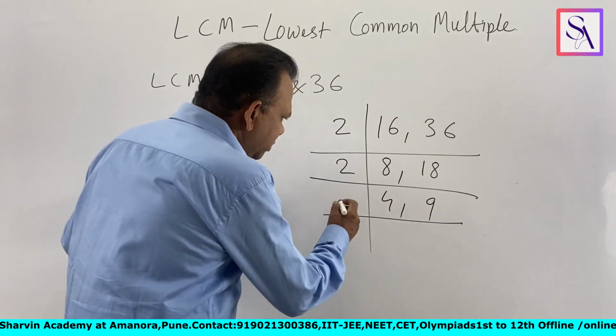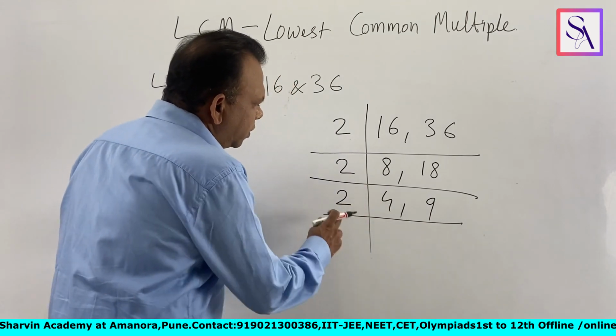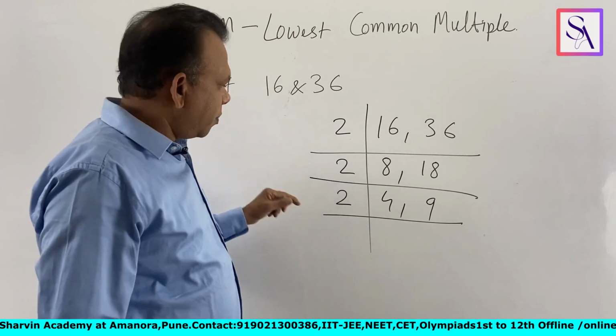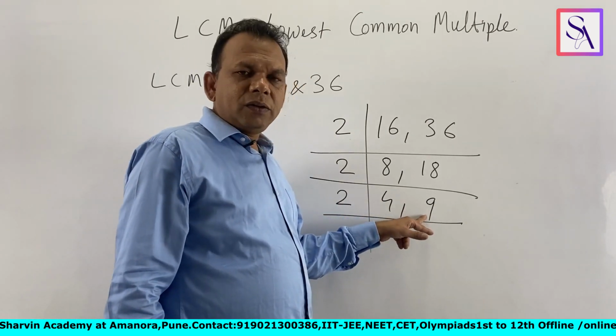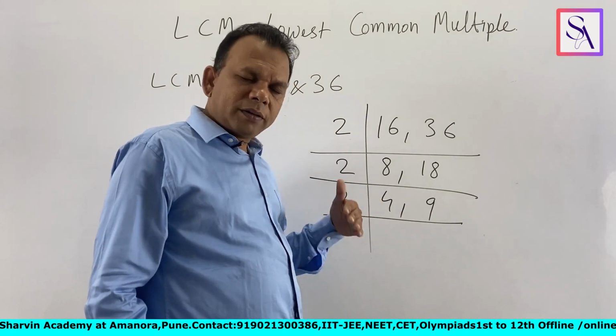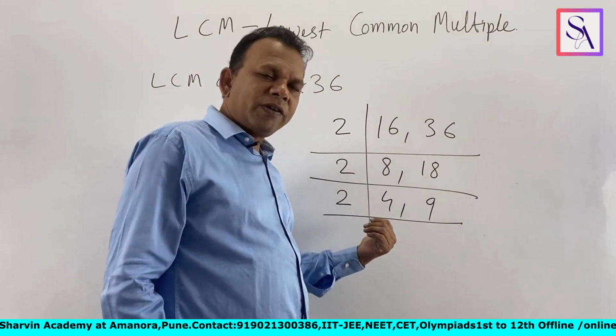If I found 2, 2 will divide 4, 2 2s are 4, but 2 will not divide 9. So in LCM it's okay. If you are dividing only one number, then also okay. So you just do division.